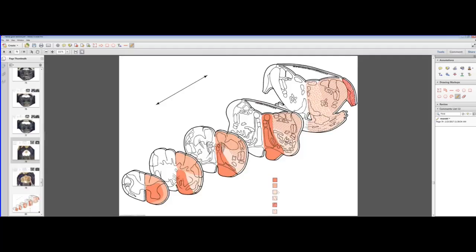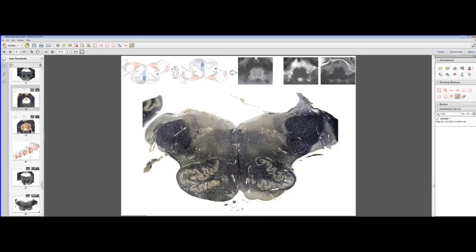We know we're in medulla because we have pyramids, and the inferior olivary nucleus. Our spinothalamic tract is out here now. We've got our medial lemniscus, where it's supposed to be, medial, and the medial longitudinal fasciculus here at the top.